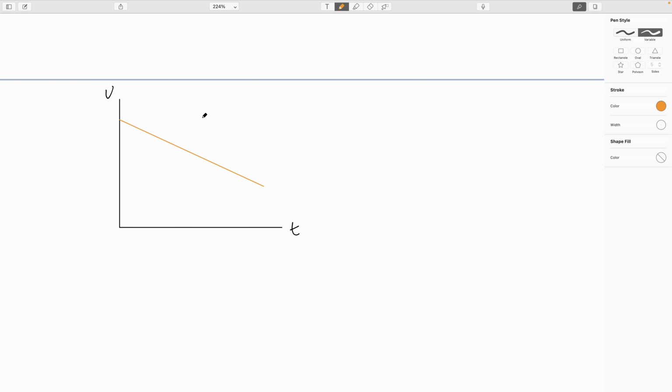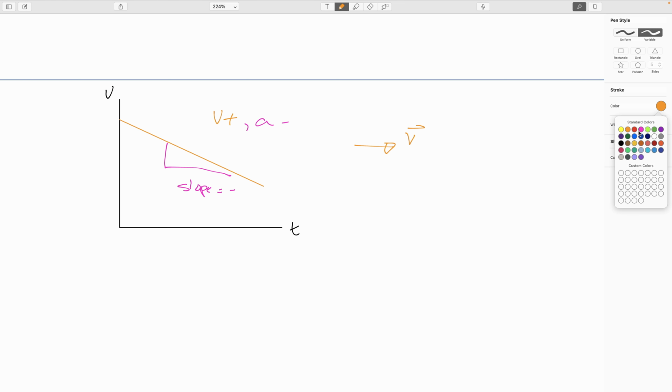Well, again, the value of my velocity is positive, but now if I go and look at my slope, my slope is negative. So I conclude that my acceleration is negative. So if I draw the vectors, you would be saying that the object is moving to the right, but its acceleration is pointing to the left.